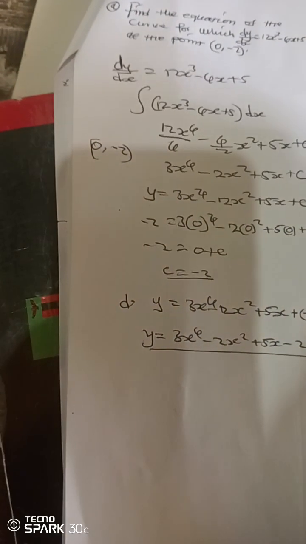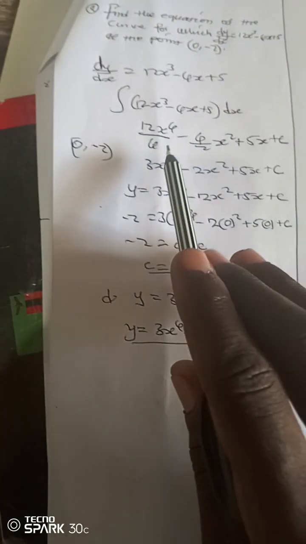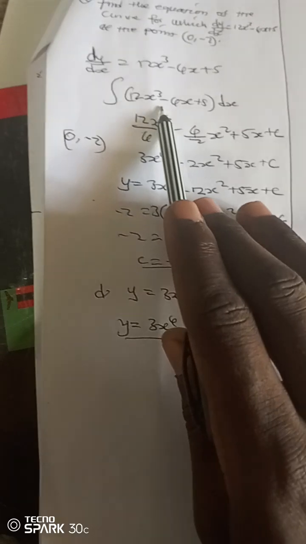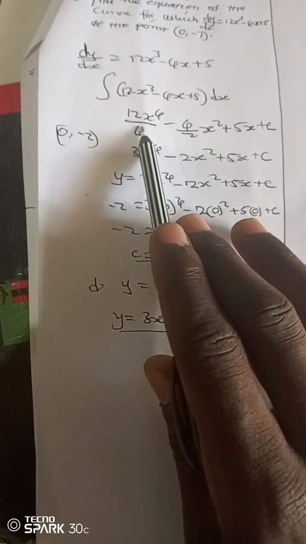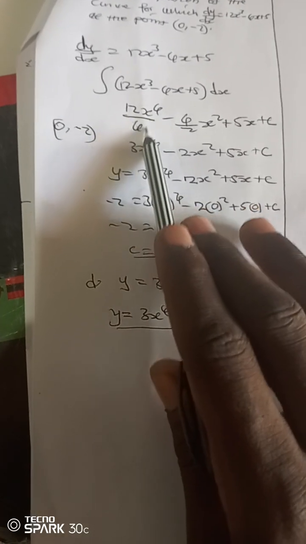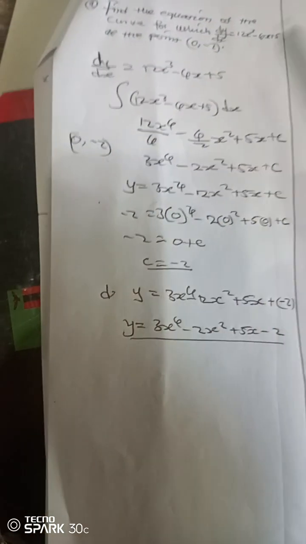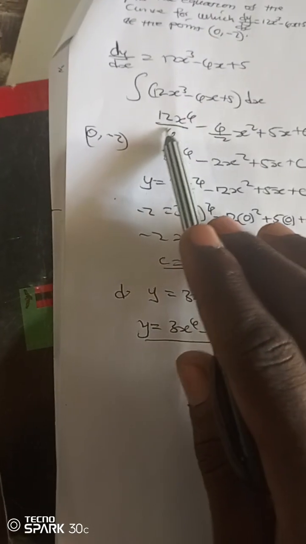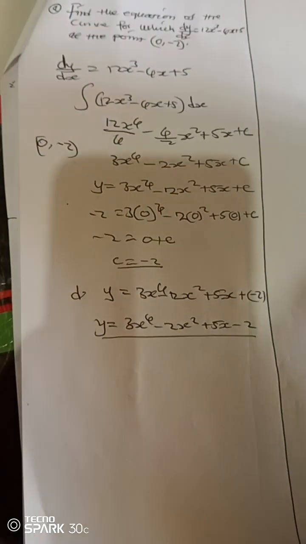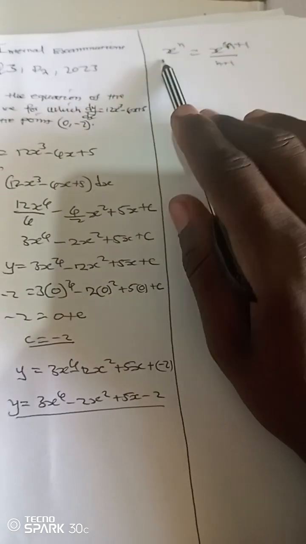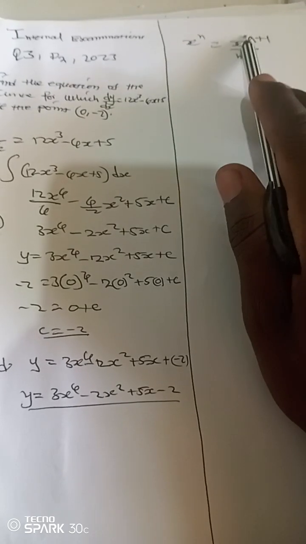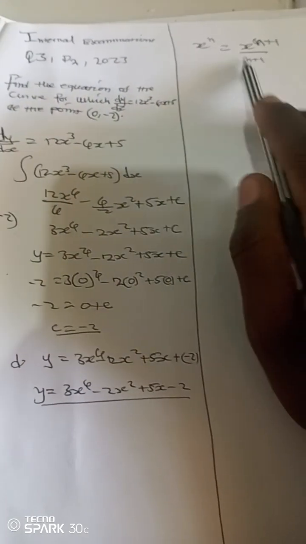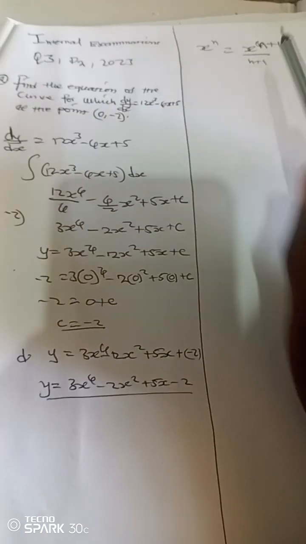Please, there is a stage I have skipped here in between this one and this one. If you still have challenges on how this form comes, we use this formula, where the integral of x to the power n is equal to x to the power n plus 1 over n plus 1.